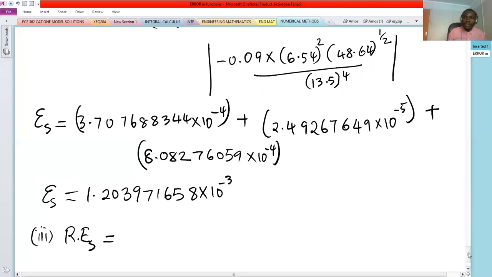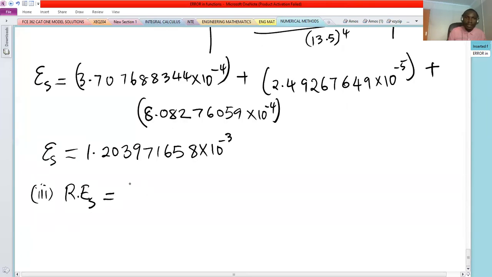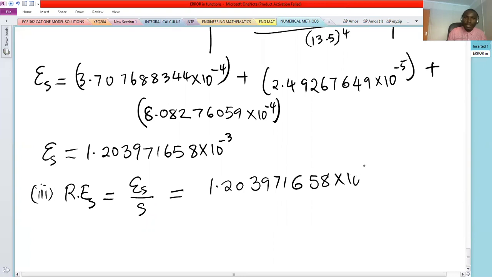And by definition, relative error is given by the error in the function over the true value of the function, which will be given by 1.203971658 times 10 raised to the power negative 3 over the true value of the function from what we calculated in the first part.